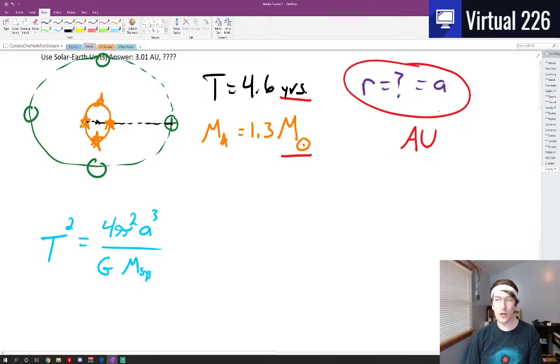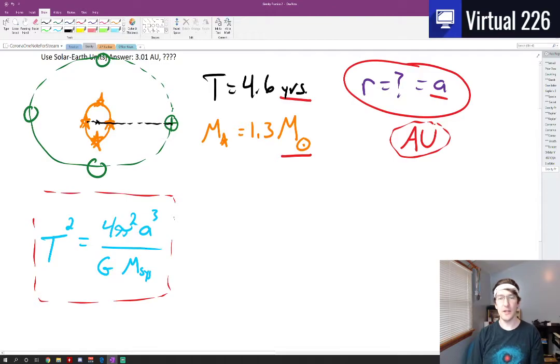If we solve for this value in terms of Earth-Sun distances, then this equation down here actually becomes greatly simplified. The equation down here quickly just becomes that the period squared is equal to the semi-major axis cubed divided by the mass of that system, which is really just the mass of the star.